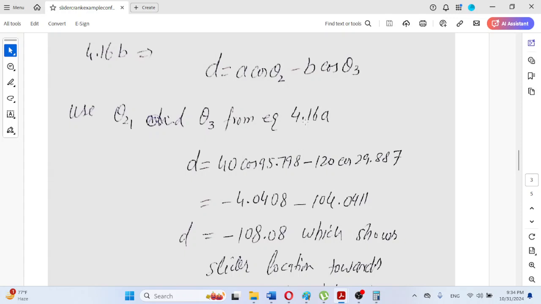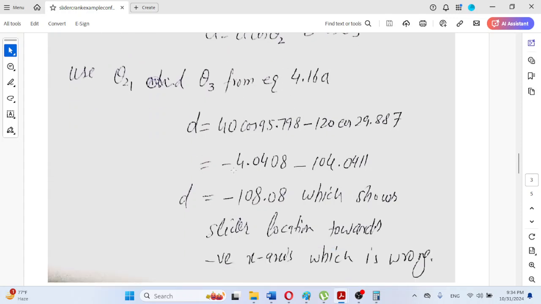Because that was actually an incorrect value, giving the incorrect location of the connecting rod and the incorrect position of the slider.